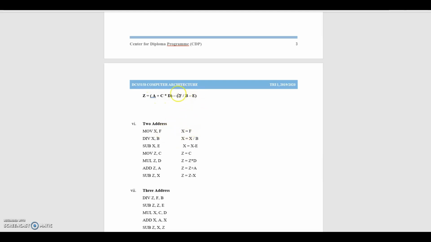So X equals F, and then we divide X. So we store F in X. So we divide X with B, because this contains F now, and then we subtract X, which now contains F divide B, and then we subtract with E. So now our X contains all of this.